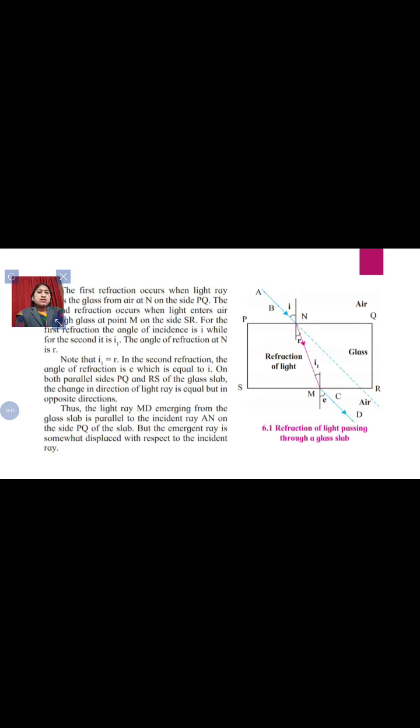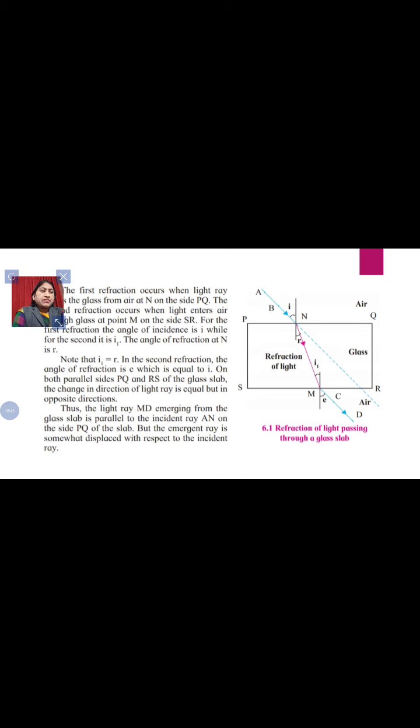This is the diagram for the refraction of light passing through the glass slab. See the diagram, students. First, AN is the light ray which is in the air medium. Then when the light enters the glass slab, at that time we get the ray MN.